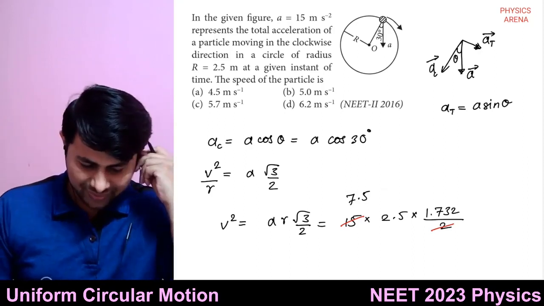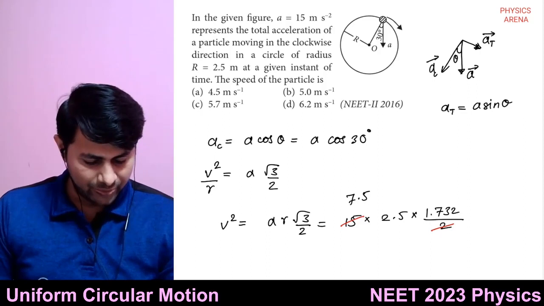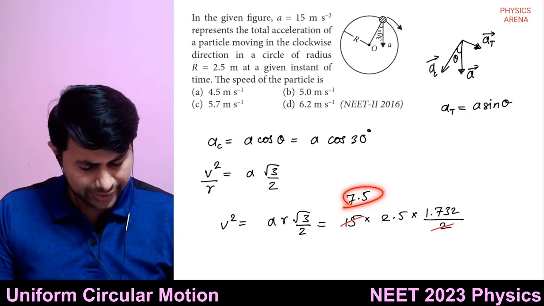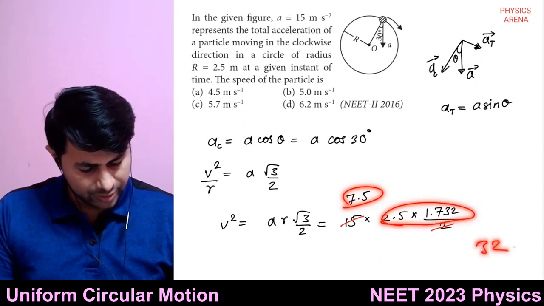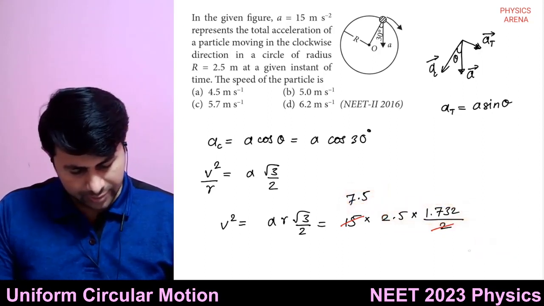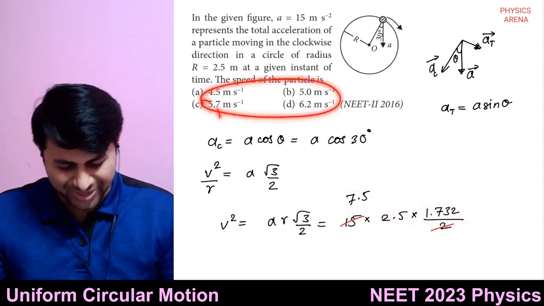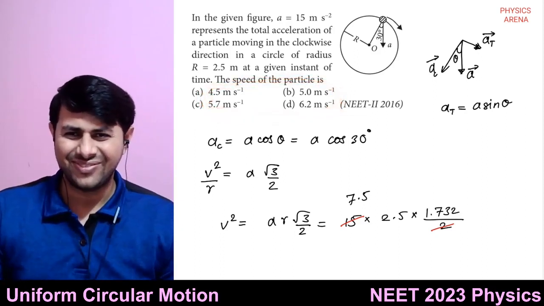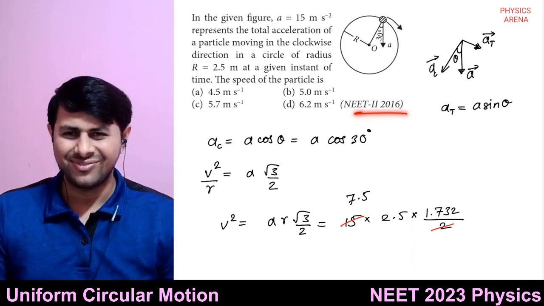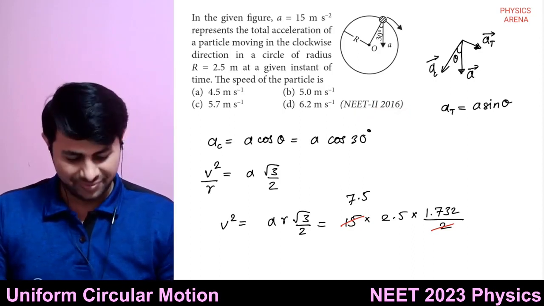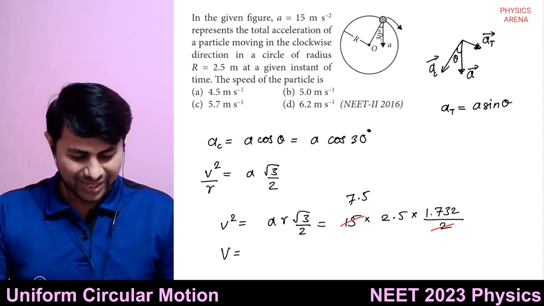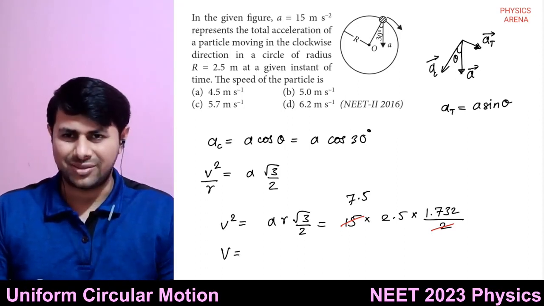Can I say it is 8 times 4, near about 32? The options are also close. This is not expected in the NEET exam. It is a NEET question. What will be V? We have to calculate this, right? There is no other option.